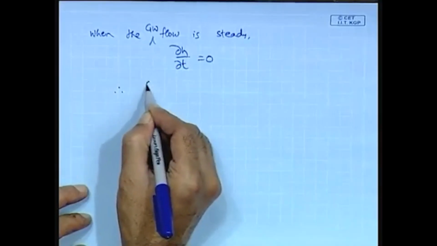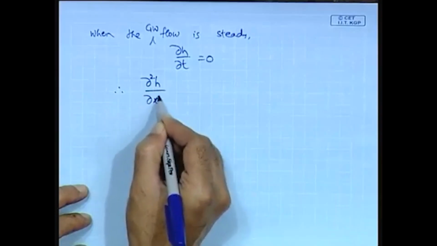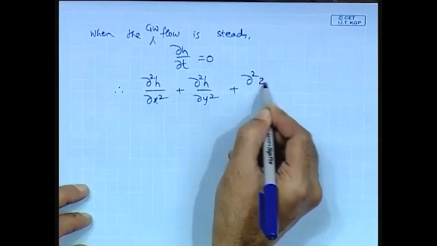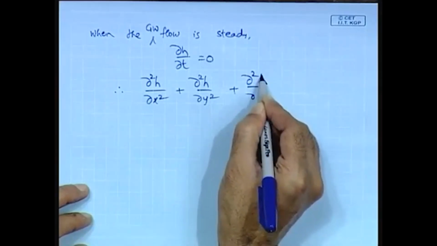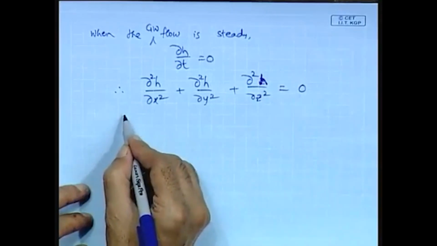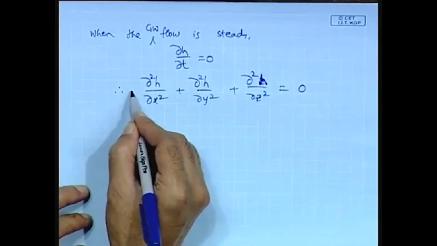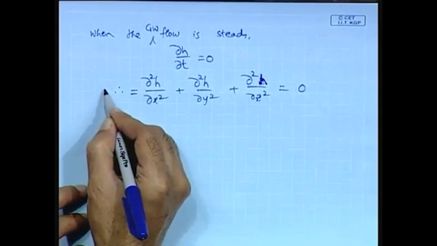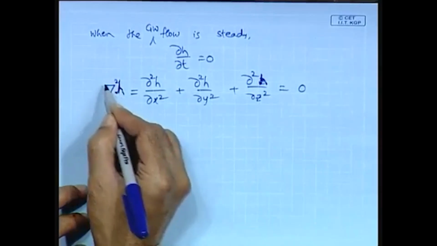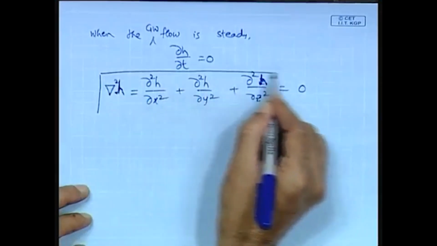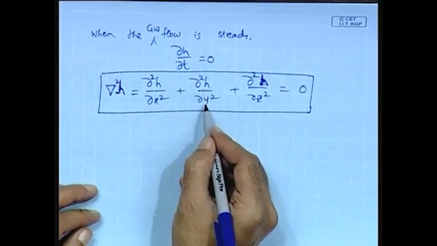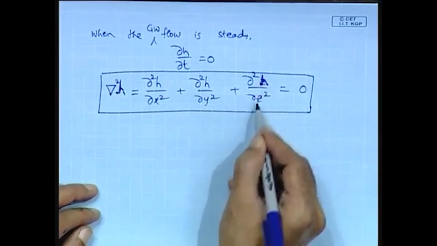Therefore, d square h by dx square plus d square h by dy square plus d square h by dz square is equal to 0, and obviously this is del square h, which is equal to d square h by dx square plus d square h by dy square plus d square h by dz square, which is equal to 0.